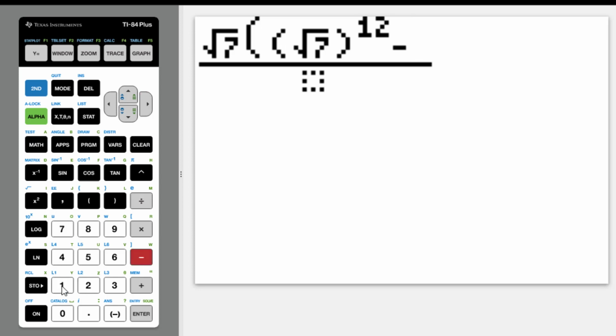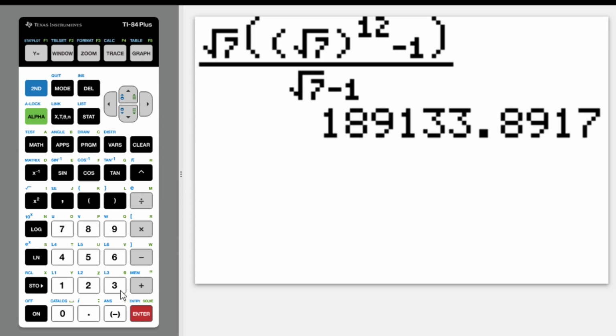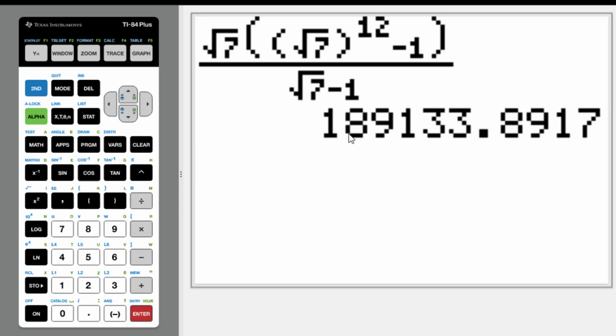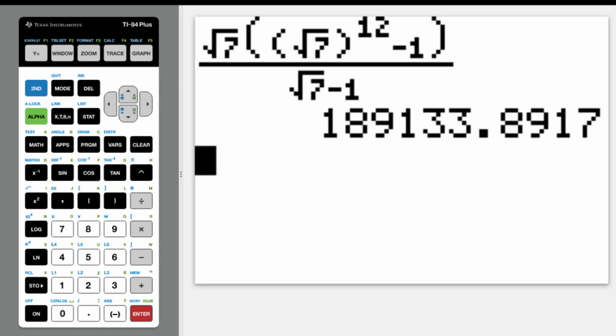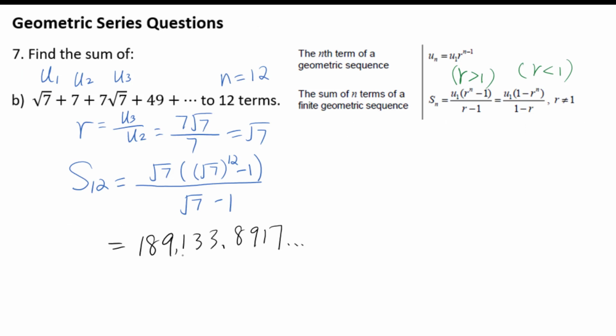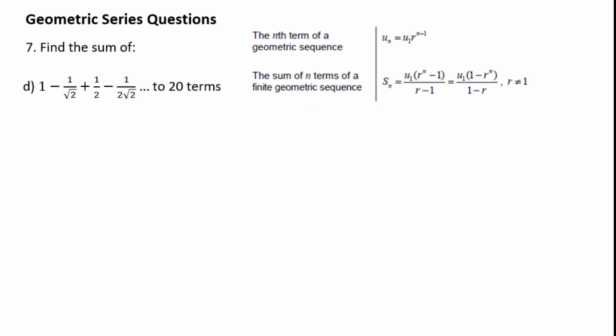Then minus 1, parentheses back, over square root of 7, then minus 1. Enter. The answer will be 189,133.8917. So the answer will be 189,133.8917.